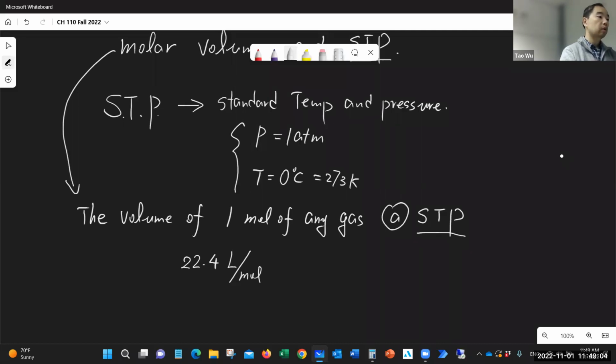Molar volume is the volume of 1 mole of any gas at STP condition, and this number is 22.4 liter. The reason I'm writing per mole is that 1 mole of this gas is 22.4 liter.